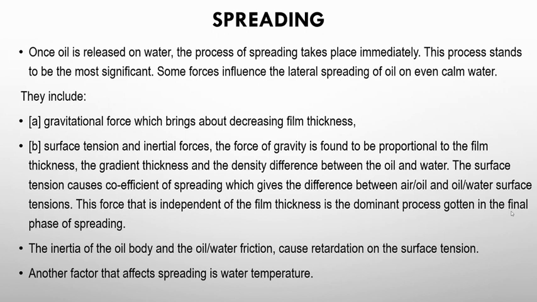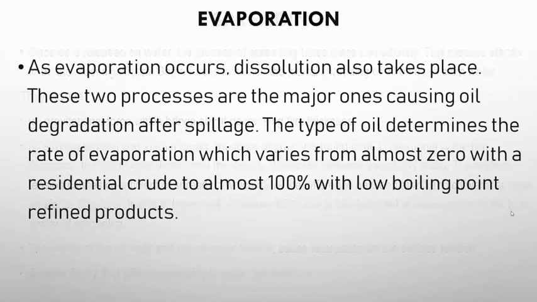Because of gravitational force, surface tension, and even the temperature of the water can encourage spreading. Another factor is evaporation. As evaporation occurs, some of the volatile oil escapes, leaving the ones that might be recalcitrant.